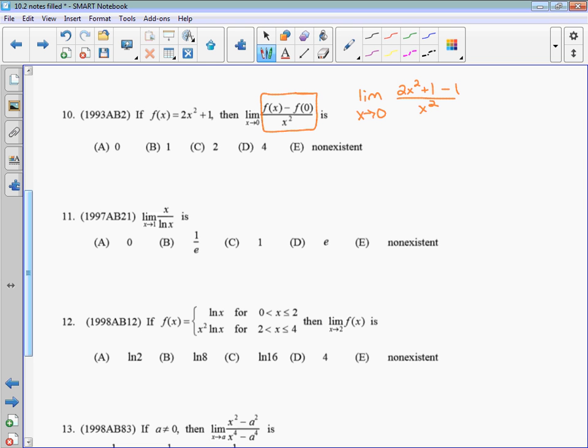So f of x is 2x squared plus 1, right? So write that. Then it says minus f of 0. If I plug a 0 in here, what do I get? So that's why it's minus.